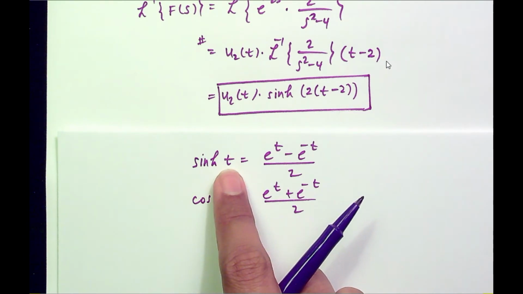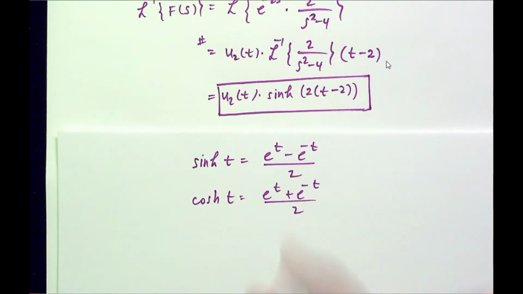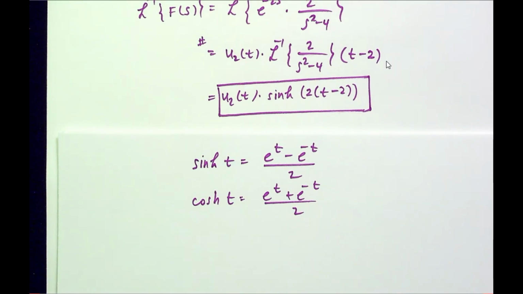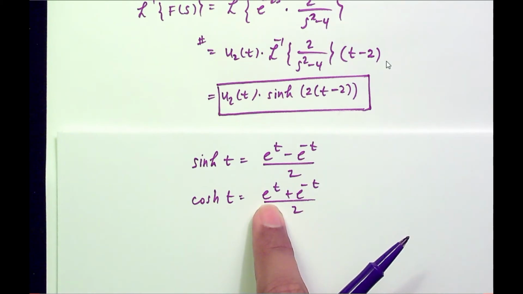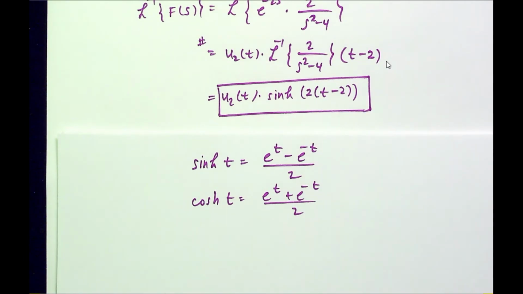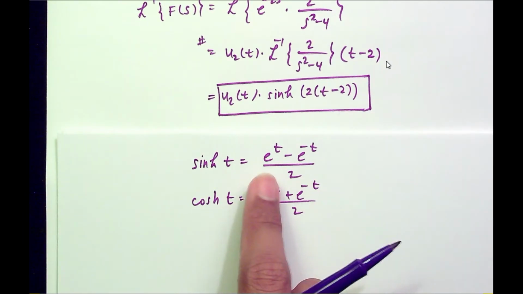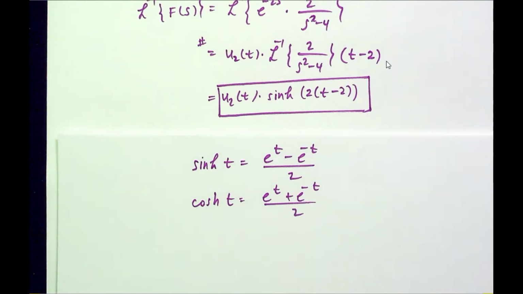Hyperbolic sine is e to the t minus e to the negative t over 2. And hyperbolic cosine is e to the t plus e to the negative t over 2. So really, these are functions that are just defined in terms of e by these expressions, and that's all.